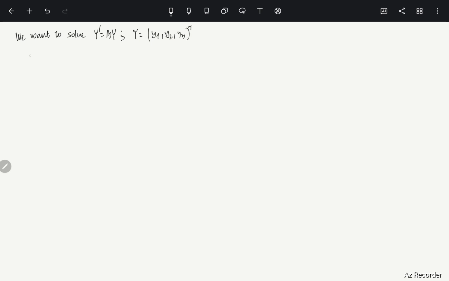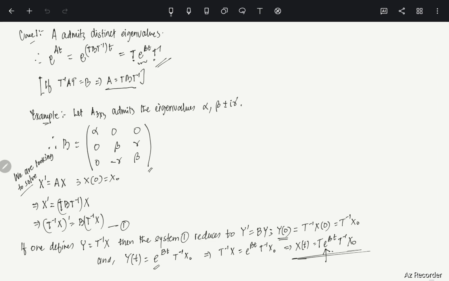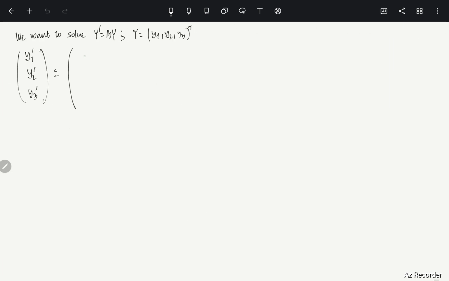So y1 prime, y2 prime, y3 prime is nothing but that matrix times y. What is the matrix? It is alpha 0 0, 0 beta gamma, 0 minus gamma beta, right?